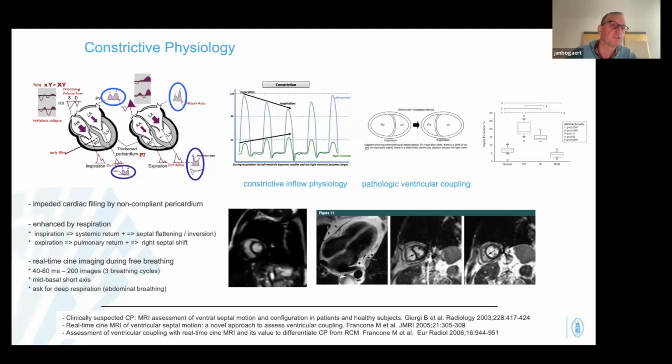But in patients with constrictive physiology, this variation is substantially increased. During inspiration, you have an increased right heart filling with impeded left heart return, and the opposite occurs during expiration.